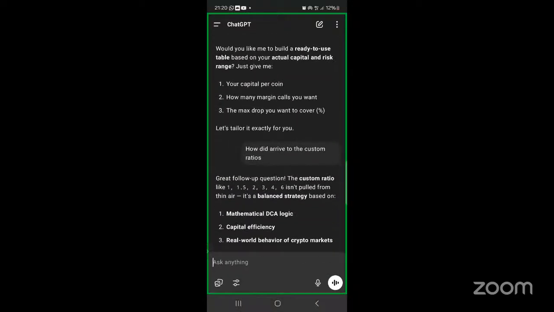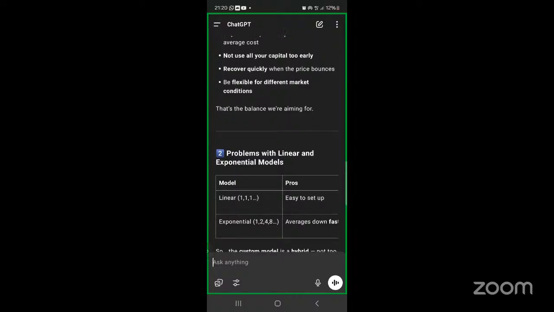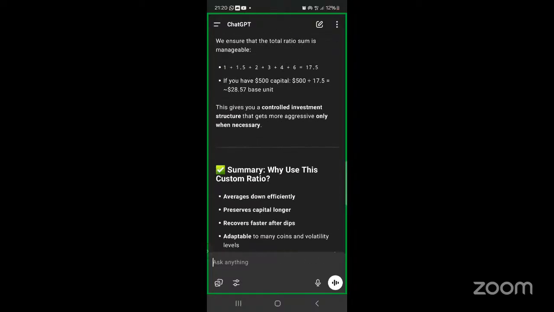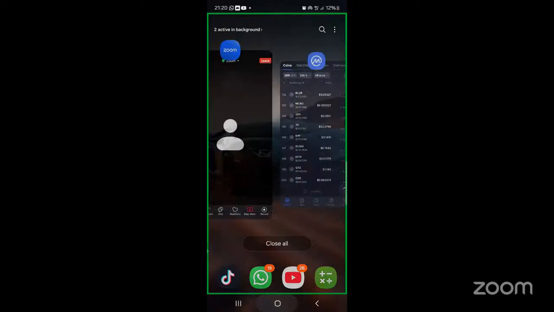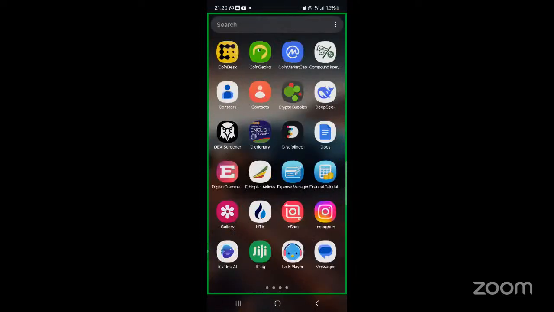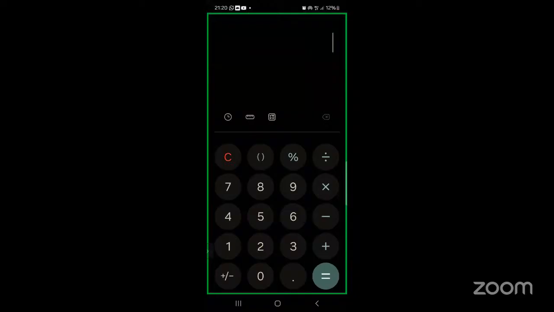We have seen that the total is 17.5. If we are expecting negative 30%, I mean, if we are doing 5 orders, we are going to get capital. If I want to trade, coach, I want to trade with $100. 100 divide, but this is too small. 17.5.